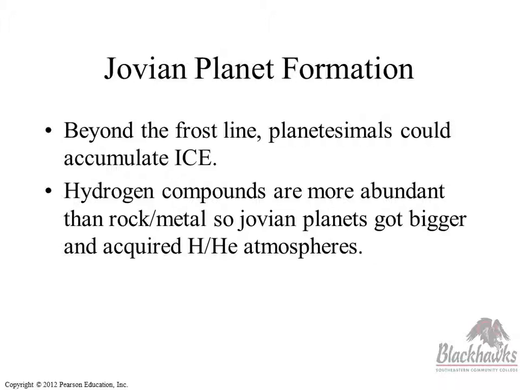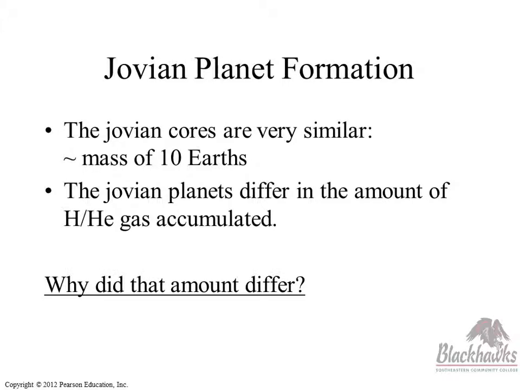And so they got larger, and then actually they got large enough to keep gases gravitationally bound to them, hydrogen and helium. So this is kind of interesting. The cores at the middle of all those gaseous planets are kind of little rocky terrestrial planets. It's like they swallowed a rocky planet.